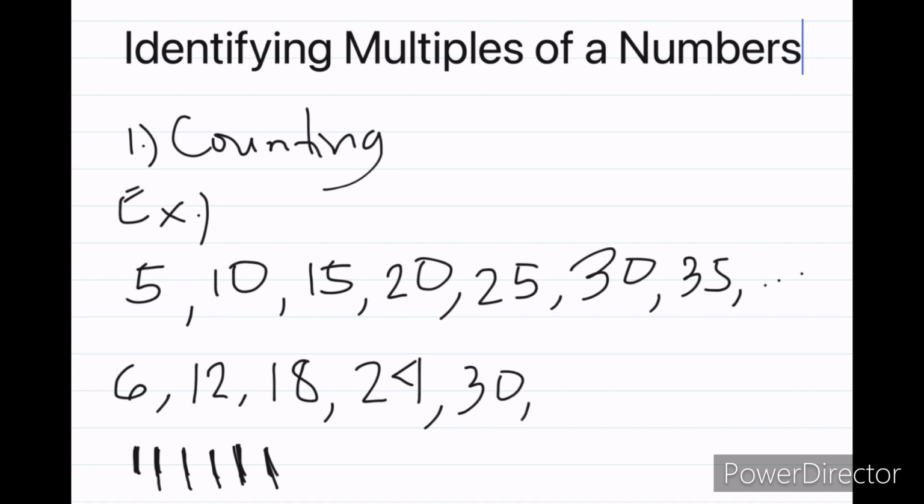Next, count again 6 from 30: 31, 32, 33, 34, 35, and 36, and so on by 6. So that's the first way to identify the multiples of a number, through counting.